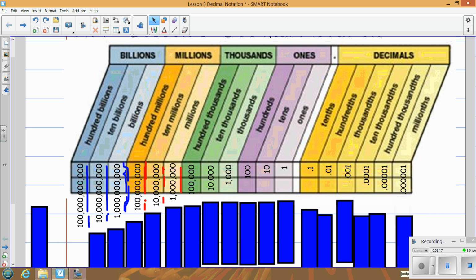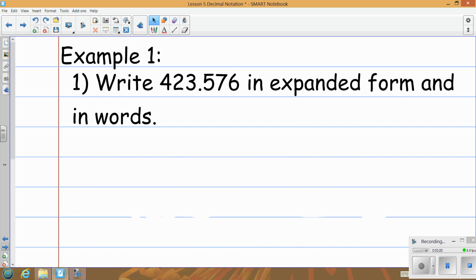Let's actually go now and look at an example. So for this first example, we want to write 423.576 in expanded form and in words. I purposely didn't say in words because I want to talk about that in a minute. So first thing is in expanded form. What that means is take each piece of this number and write it in its appropriate place value.